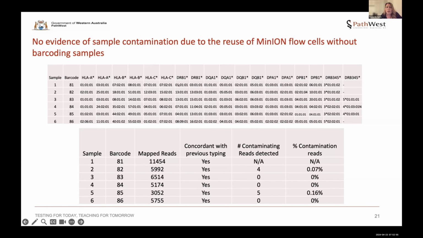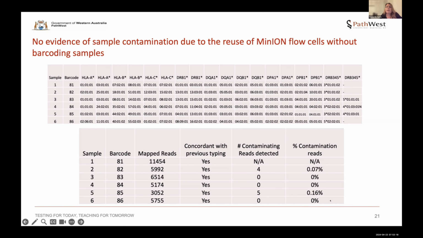We knew what the HLA typing were for each of those samples, and we sequenced sample 1, and we washed the flow cell, and then we sequenced sample 2, we washed the flow cell again, and so on, and we did that for 6 samples. And then we looked for reads from the previous sample, and we did that for all the 6 samples.